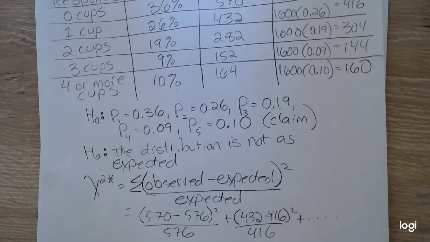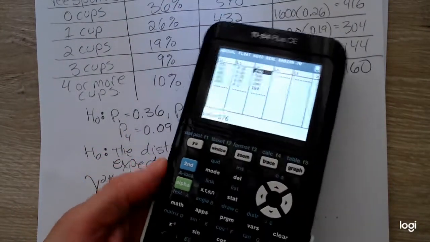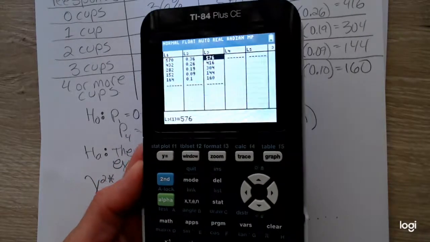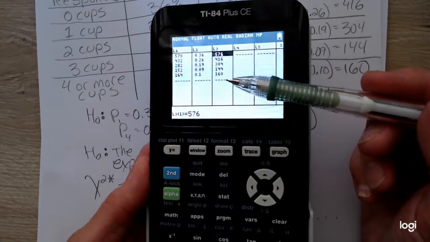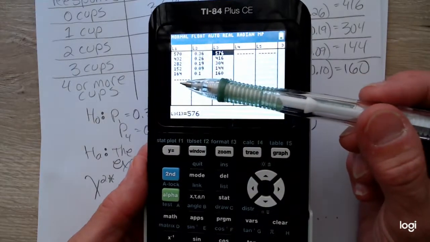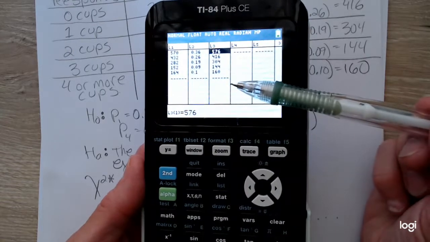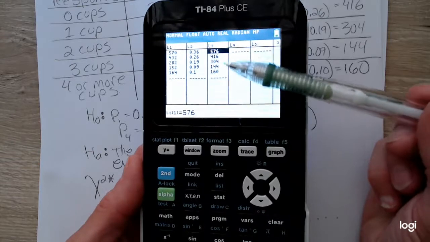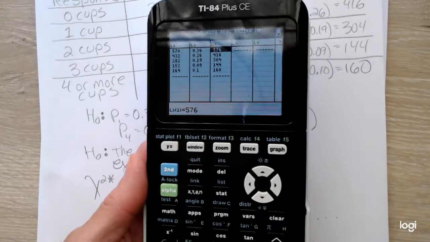So not that this is computationally difficult, it can just be tedious. All right, so to get the test statistic using the calculator, your calculator will need a list of counts. Okay, you can't run the goodness of fit using the observed and the expected proportion. You need the observed and the expected count. So it's another good idea to have created this third column because of that issue.